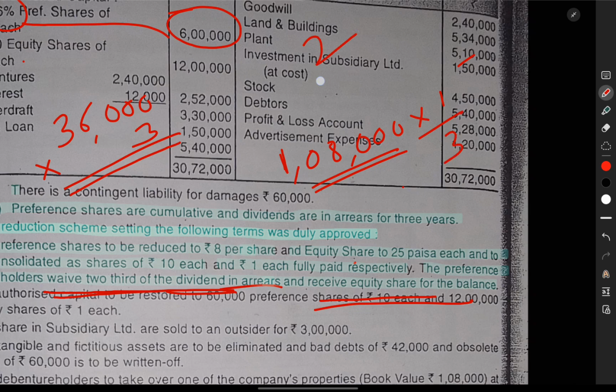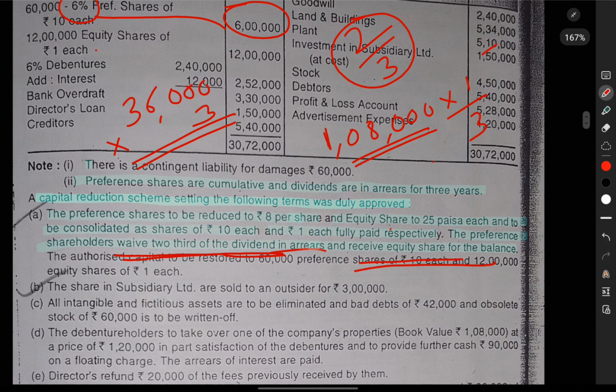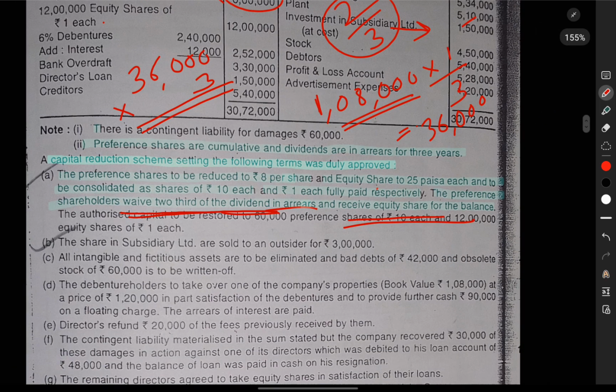The 2/3 we forgo or waive. So the remaining balance is 1/3. So 1,08,000 into 1 divided by 3, we have 36,000 amount. And the balance is received as equity shares.